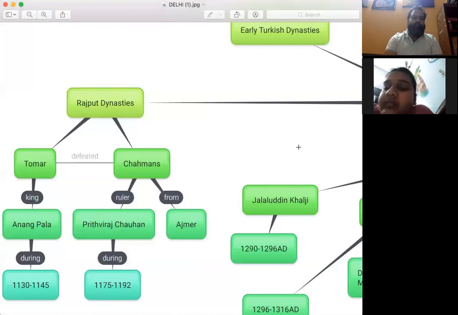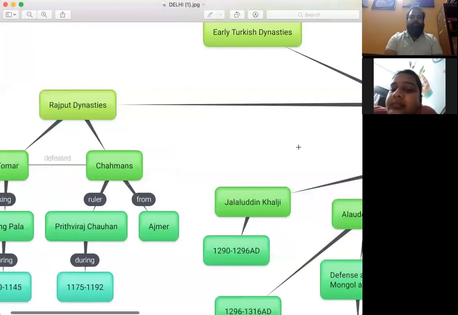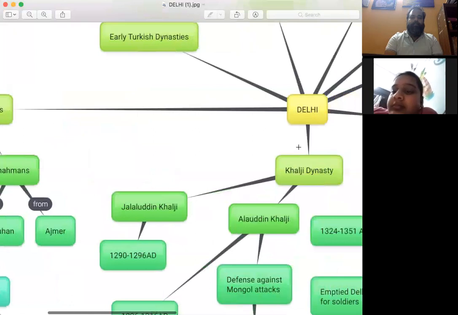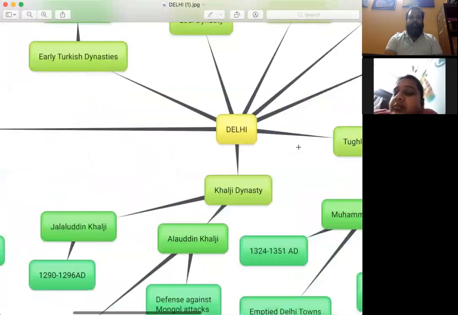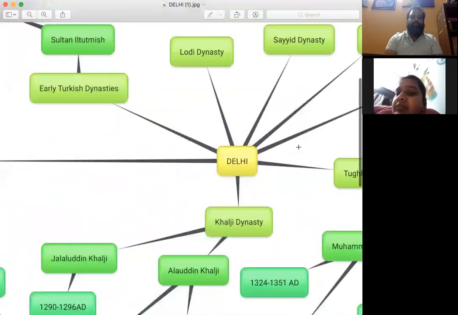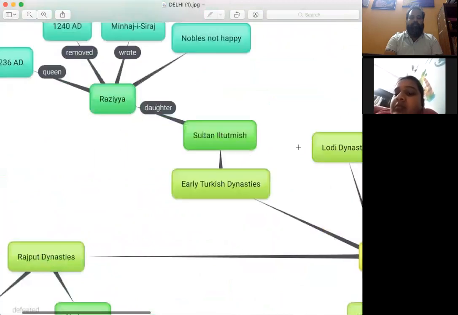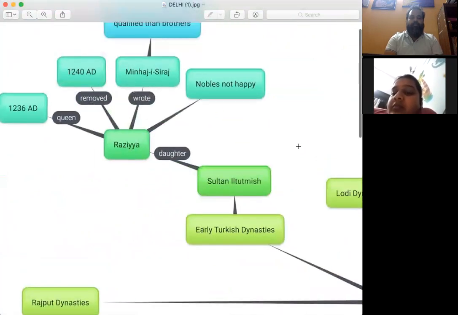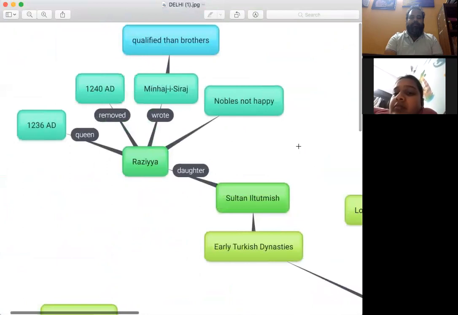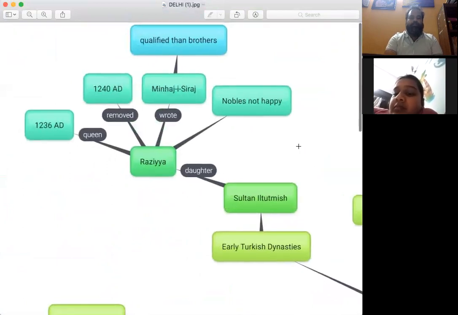It was a very short period with the Rajput dynasties. Then mainly the Turkish, Lodi and Mughal dynasties came into the picture. So after the Rajput dynasties, which dynasty ruled? It was the early Turkish dynasty, and in this dynasty, the king was Sultan Iltutmish.